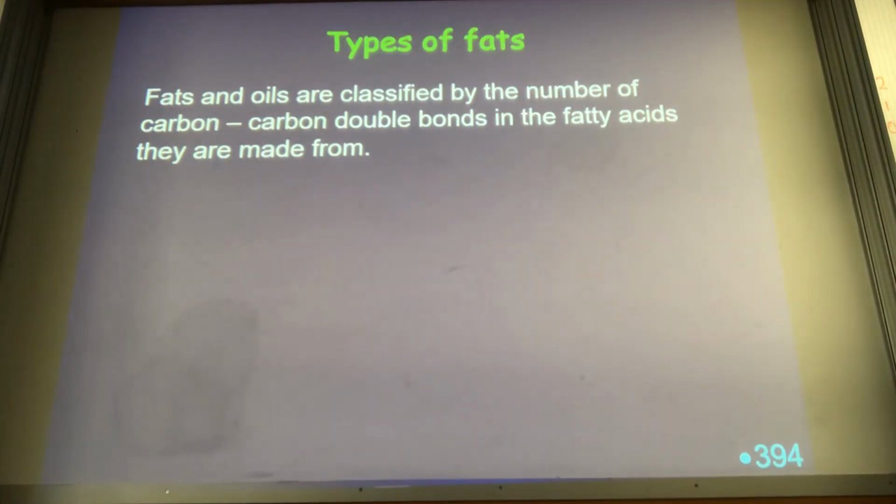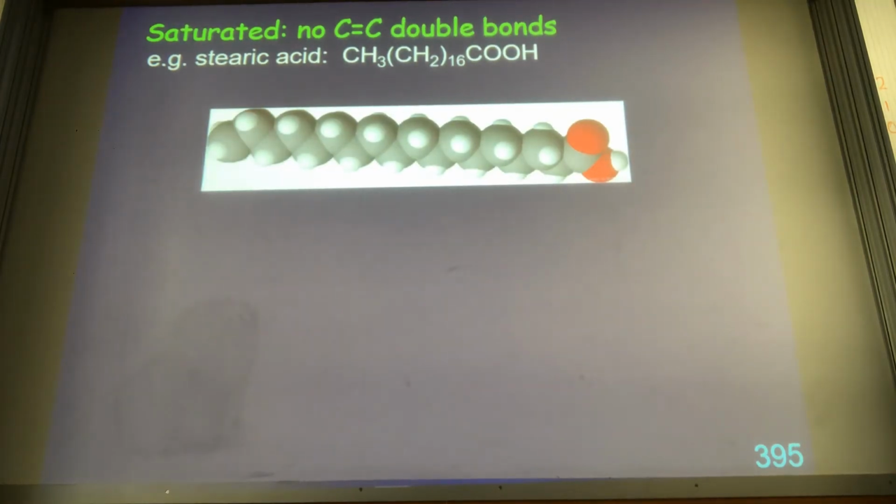Types of fats, we categorise them on the basis of the carbon-to-carbon double bonds. So, saturated fatty acids have got no carbon-to-carbon double bonds in them.